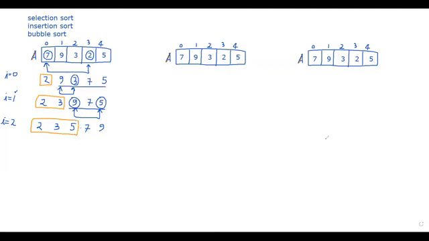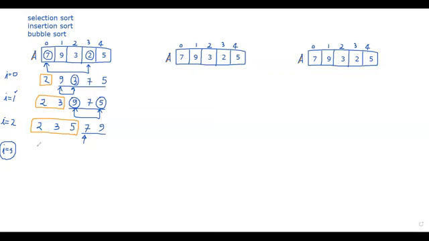Then i is 3. Find the smallest one here. Guys, look at this one. This is the smallest one, right? And the smallest one is in the correct location, at index 3. So we don't need to swap, because 7 is in the correct position.